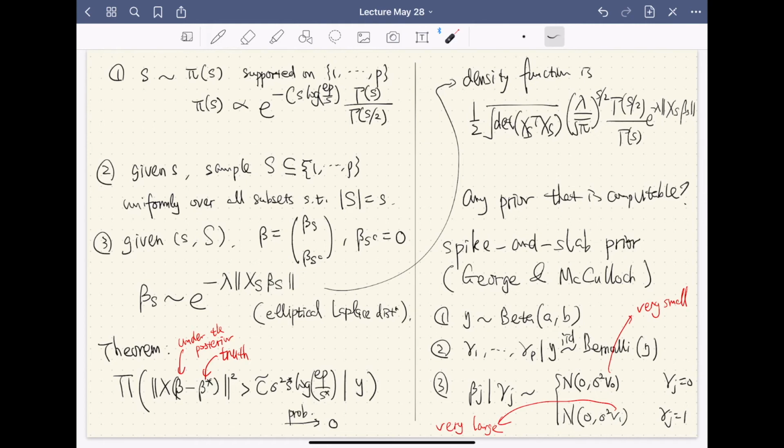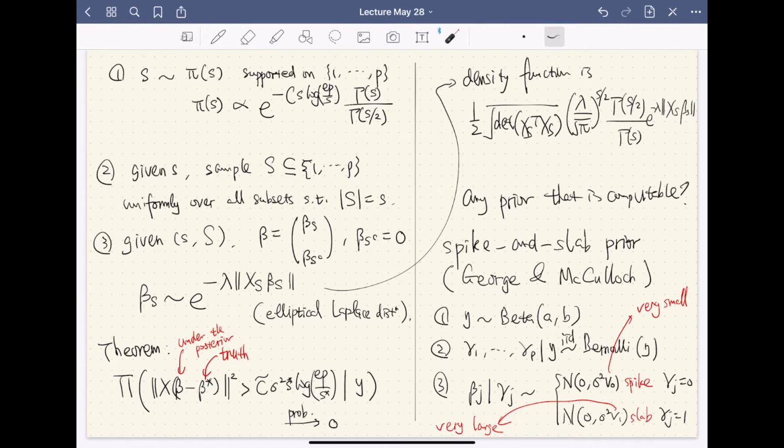So when you sample from that, it is going to be very close to 0, achieving near sparsity. Otherwise, you sample from a nearly flat prior. This component is called a spike, because that's a very narrow density. This is called a slab.